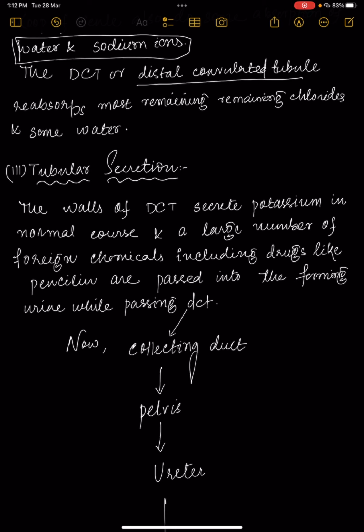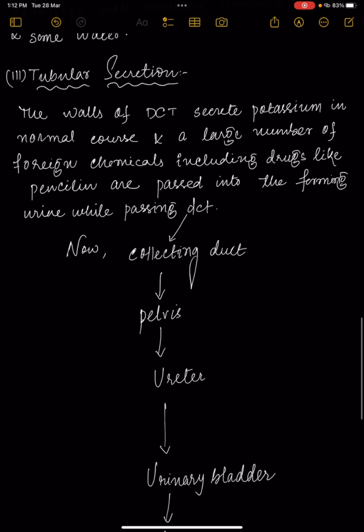Tubular secretion. Reabsorption means absorption of something is occurring, and tubular secretion means something is secreted by the kidney into the forming urine. The walls of the DCT, the distal convoluted tubule, secrete potassium in the normal course.